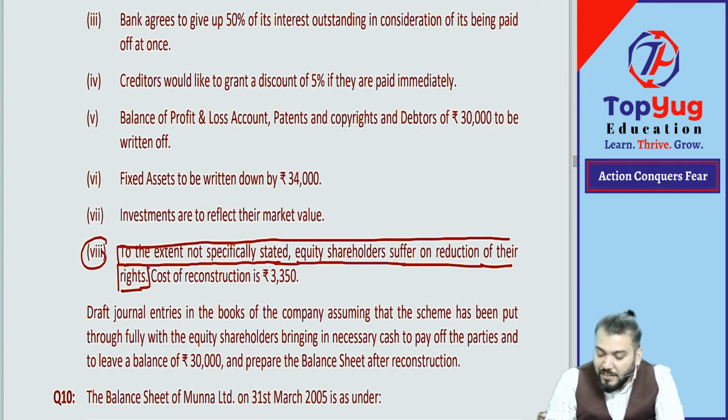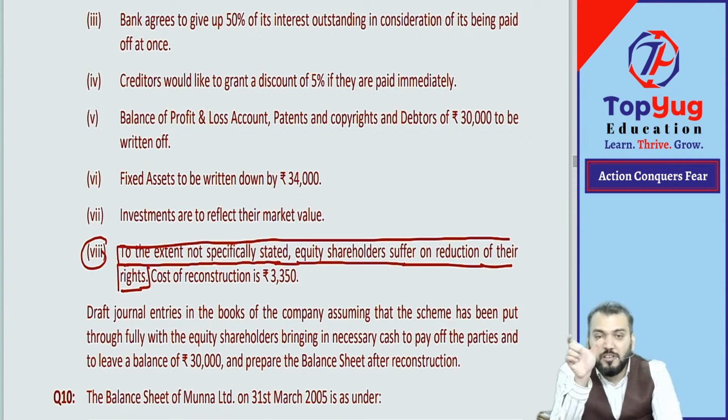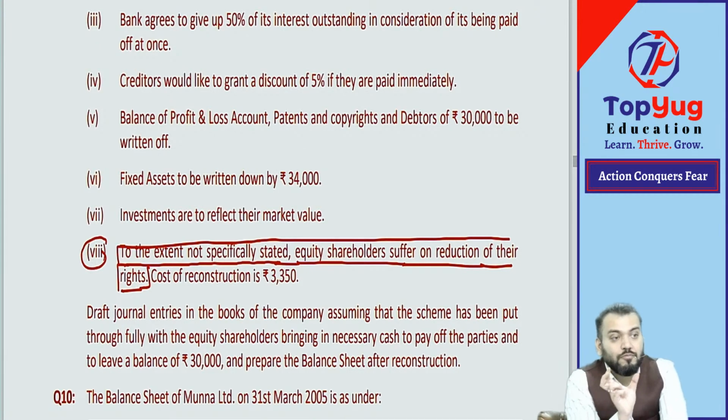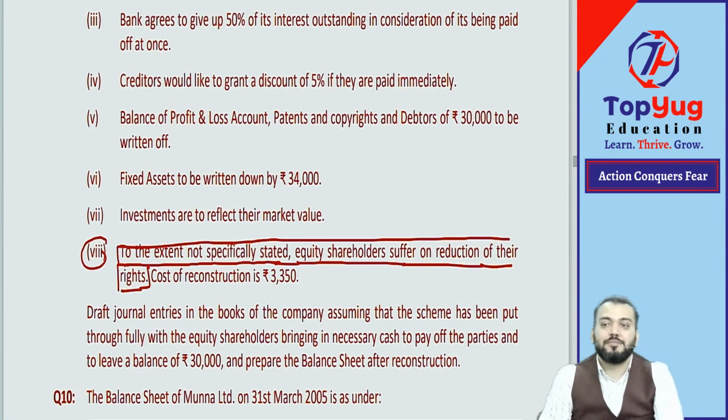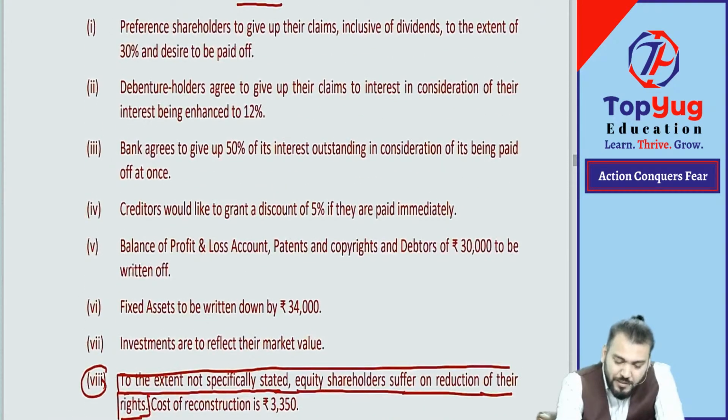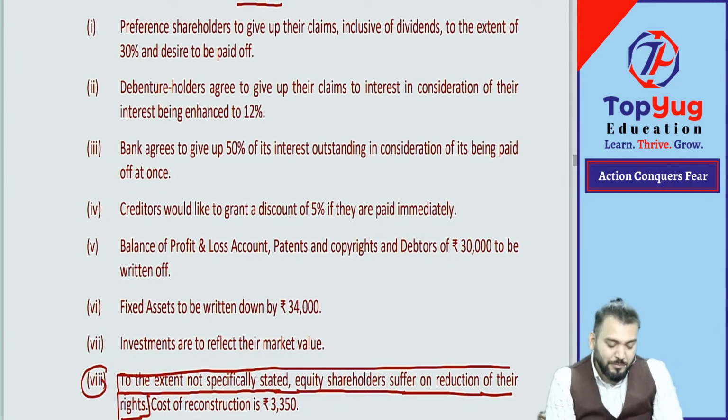They have not given any amount of reduction by equity shareholders. So to the extent not specifically stated, equity shareholders suffer on reduction of their right. Means we will prepare the capital reduction account. Whatever balance is coming will be borne by equity shareholders. Understood? Because of that reason, I am doing this question. So at the end we need to prepare the capital reduction account.